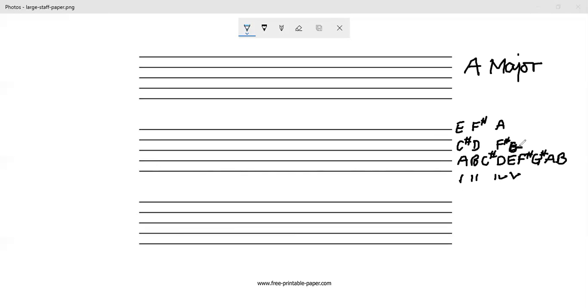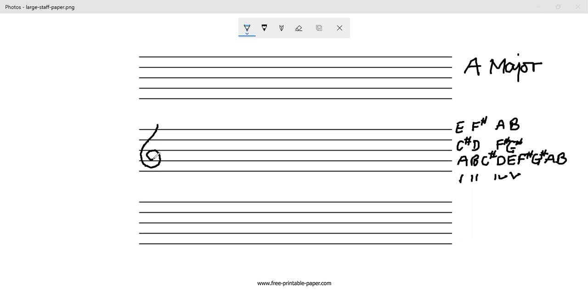Shouldn't it? Let's try and get rid of that because that doesn't look very neat, does it? I'll try and get rid of that without getting rid of many other things. Right, that's not too bad. So E, G sharp, and then B.